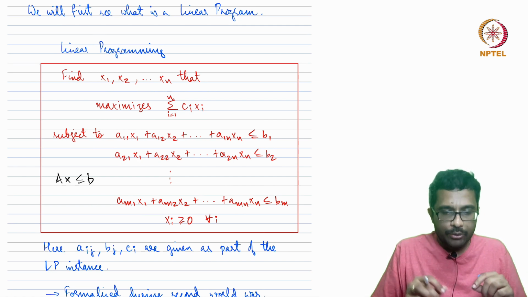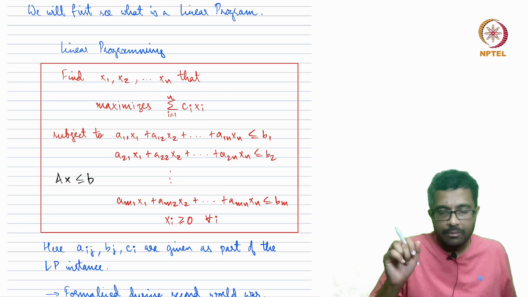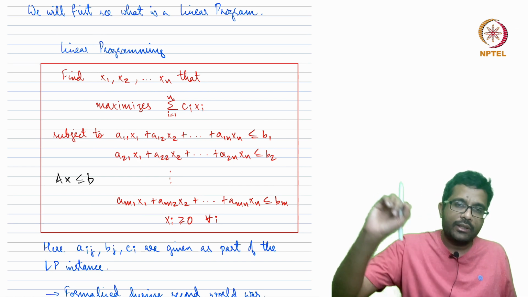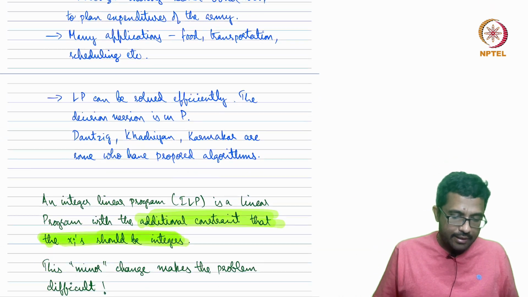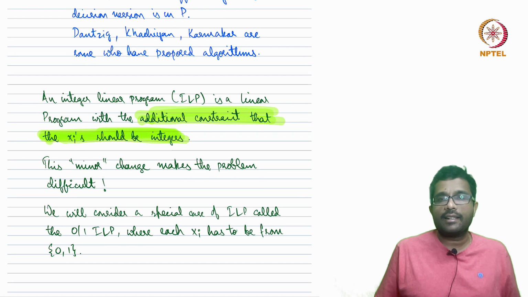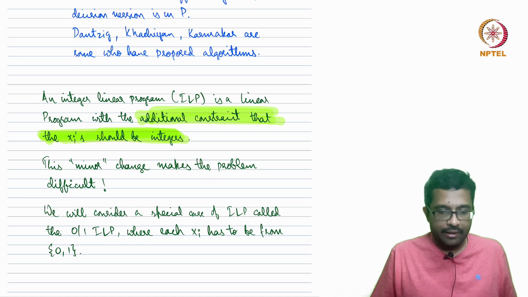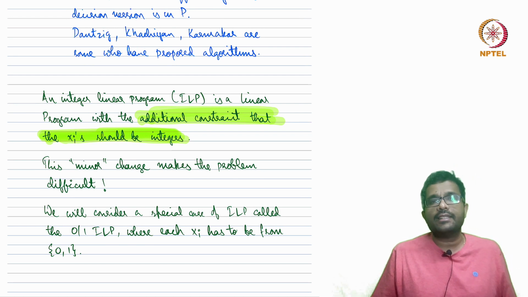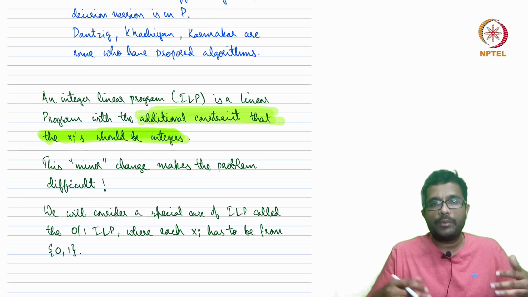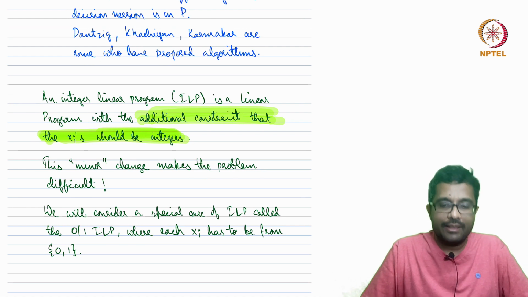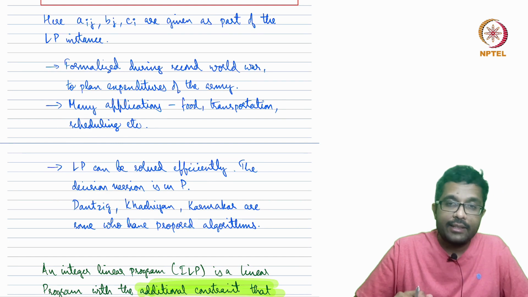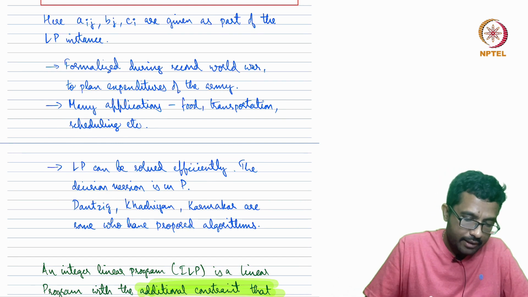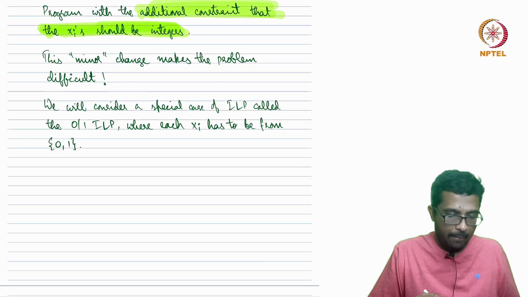No, it actually reduces the flexibility because there are more constraints and you don't have the smooth range where you can change the xi. This additional constraint changes the whole situation, and we'll see that it makes the problem NP complete, right? NP complete means we generally believe it's not possible to solve it efficiently, whereas without the integer constraint the problem was in P, right?